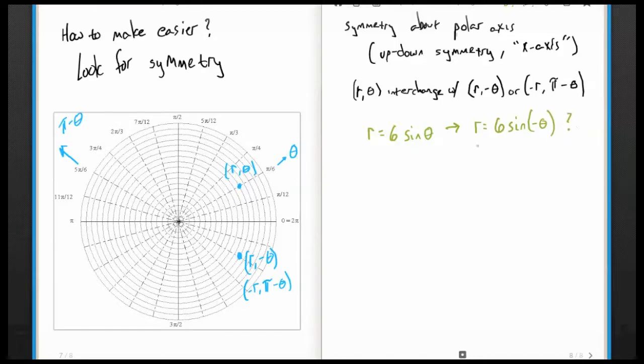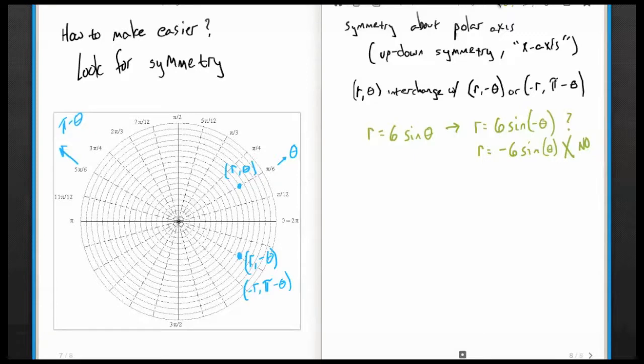I don't know. But that is the same as saying r equals negative 6 sine theta. Well, r equals 6 sine theta and r equals negative 6 sine theta, that doesn't work. So, no, that didn't work.